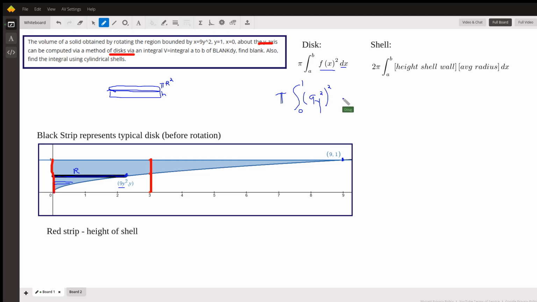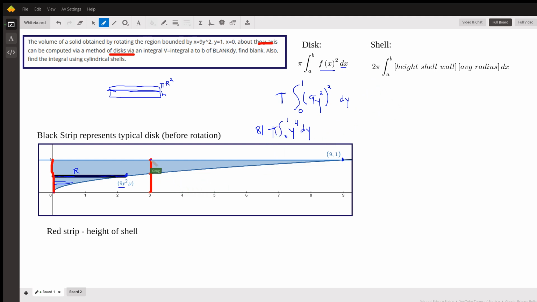And of course, there's the dy. You could write that as pi integral from 0 to 1. 9 squared is 81, so you could put the 81 out here, and now you're finding the antiderivative of y to the 4th dy. We'll look at what that evaluates to in just a second.